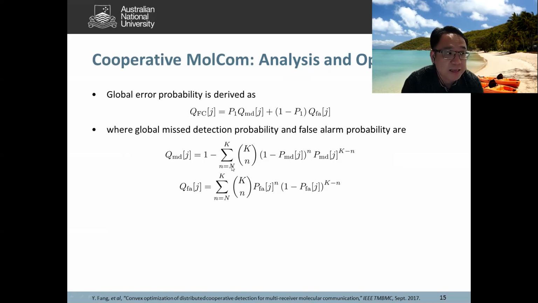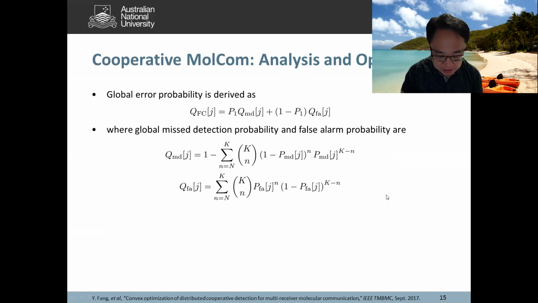Because we have K receivers, the fusion center will use the N out of K rule. So in this case, the expressions for the misdetection probability and the false alarm probability are given in these two expressions.